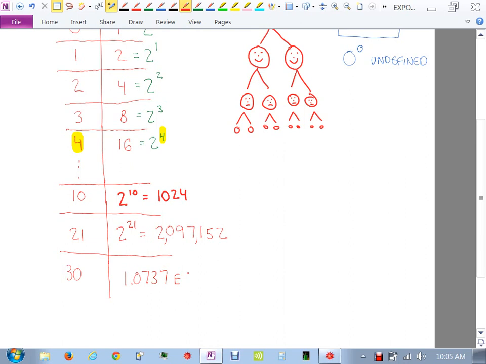Anyone getting that? What does it say? E what? I'll address that in a second also. 1.0737 times 10 what? Who said that?